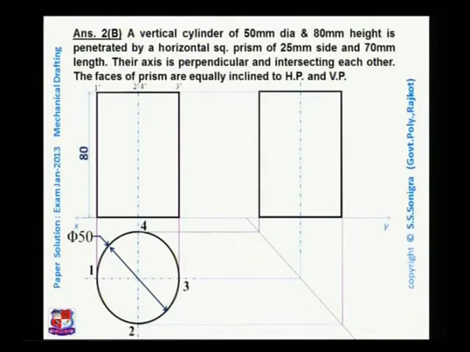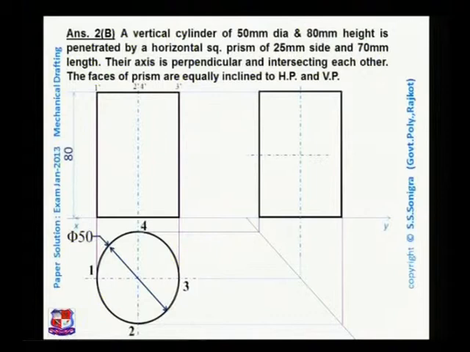Now next, it is given that another square prism, which is horizontal, penetrates through this cylinder. Hence that square prism would appear as a square in side view, because it is a horizontal prism. Hence, in the side view of this cylinder, mark the midline of the axis.